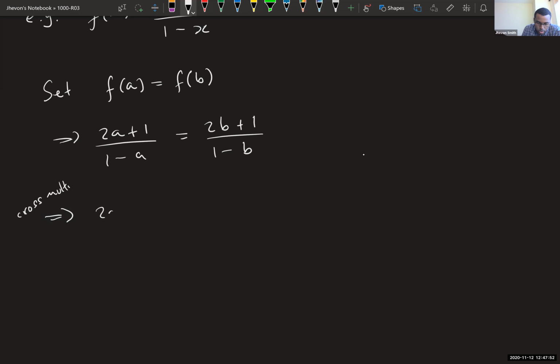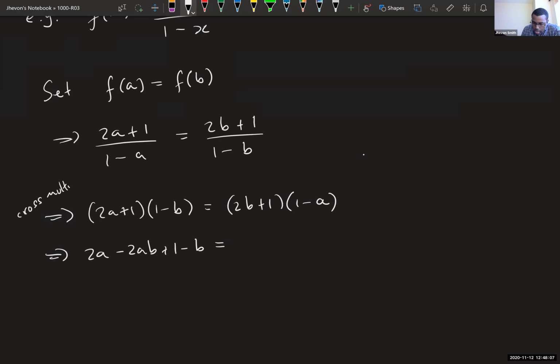And I would get 2a plus 1 times 1 minus b equals 2b plus 1 times 1 minus a. Expand, this is 2a minus 2ab plus 1 minus b. Expand this is 2b minus 2ab plus 1 minus a.